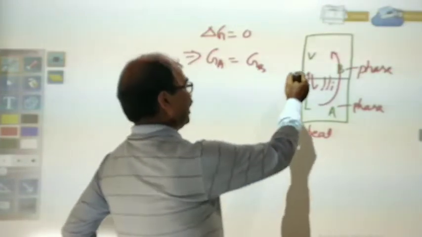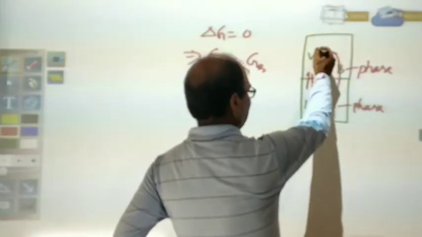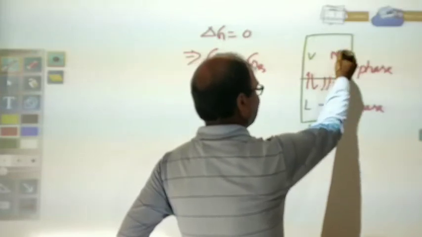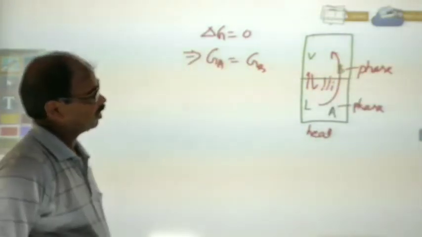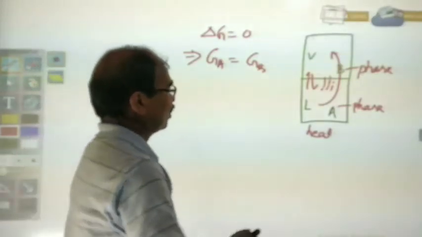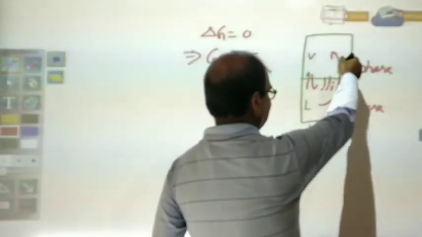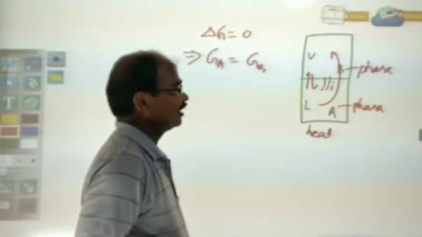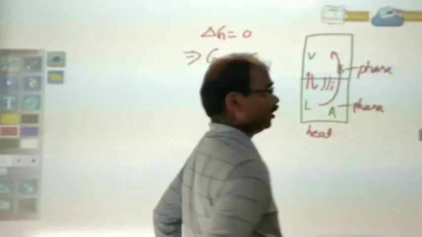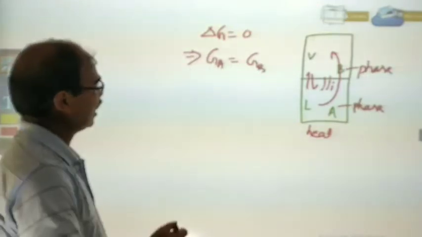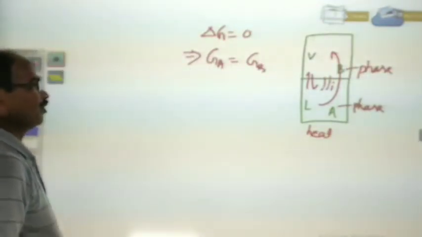Similarly, we can transfer the vapor to liquid by withdrawing heat reversibly and infinitesimally. In this way we can change any amount of substance from one phase to the other thermodynamically and reversibly.